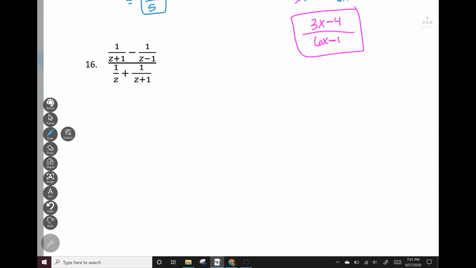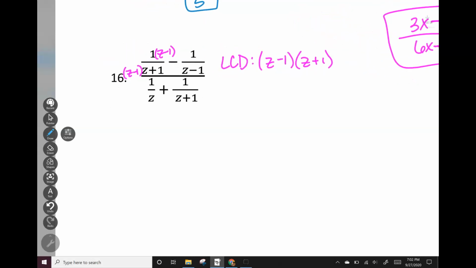We're going to perform the subtraction and addition first, so I need to get a common denominator. The LCD in the top is going to be whatever the first one is missing, which is z minus 1, and the first one has z plus 1. For the first one, I need to multiply by z minus 1 on the top and the bottom, and on the second one, I need to multiply by z plus 1.